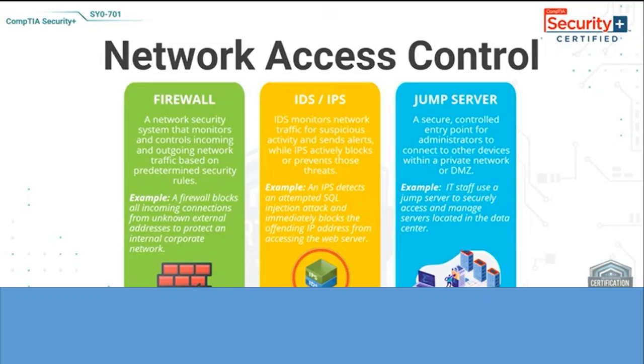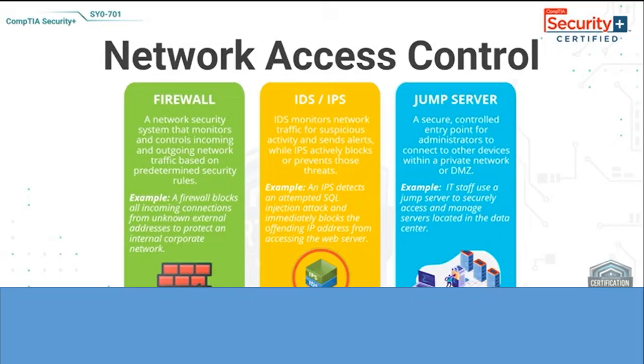Whatever rule you define inside the firewall, it will work according to it. This is a network firewall. In this we also have network access control, by which we can control the traffic incoming to the network and the traffic going outside of the network.